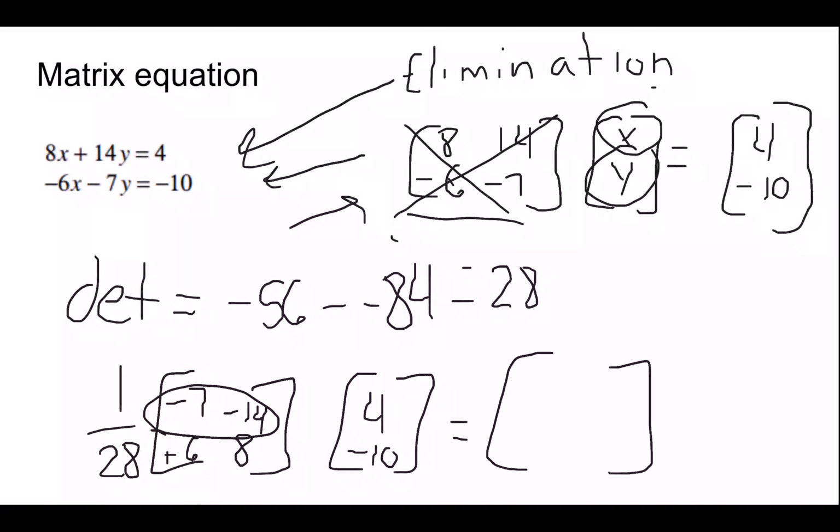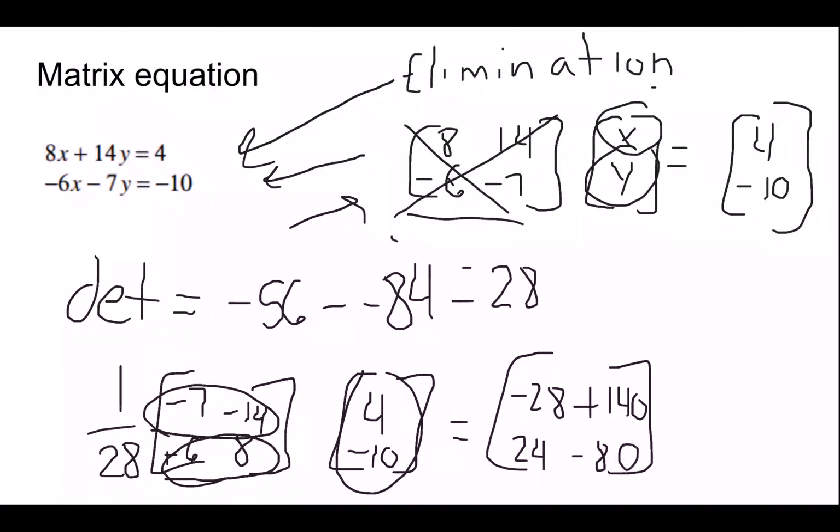So when I take this row and multiply it by this column, I should get negative 28 plus 140, and row by column again, so 24 minus 80. Then after I do that adding and subtracting, I will divide that thing by 28.